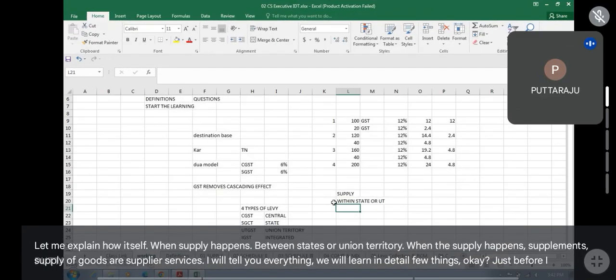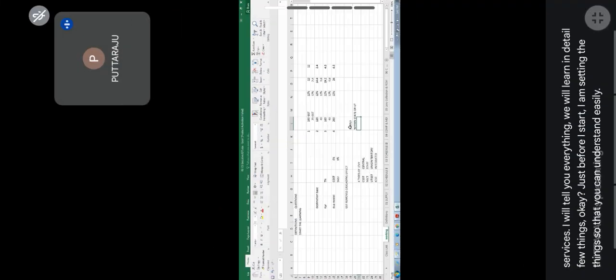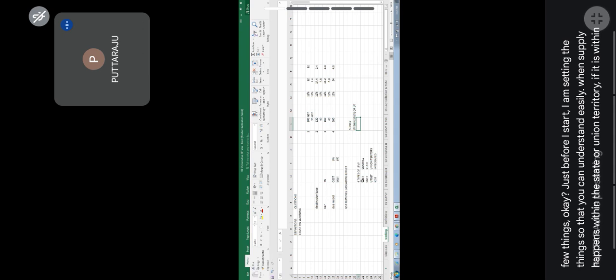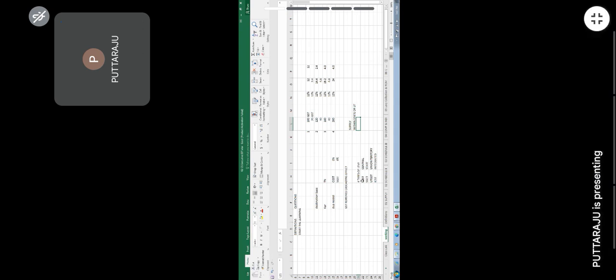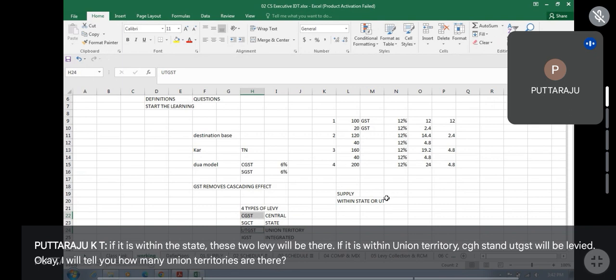Just before I start, I am setting the things so that you can understand easily. When supply happens within the state or union territory, the CGST and UTGST will be levied. I will tell you how many union territories are there, what is the type of levy, everything we are going to discuss. Just the overview I am giving.